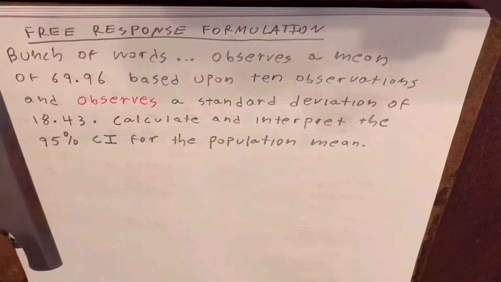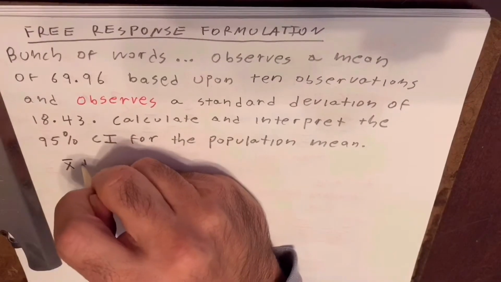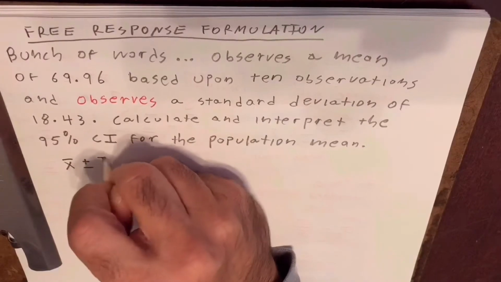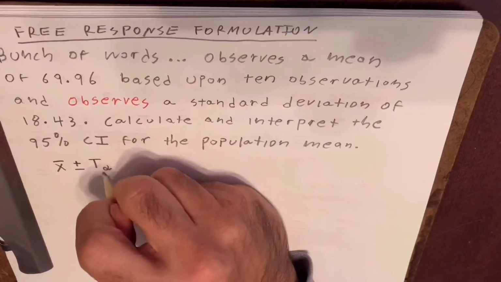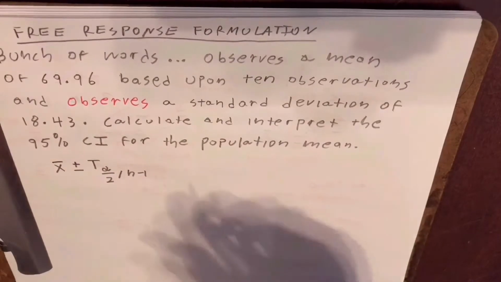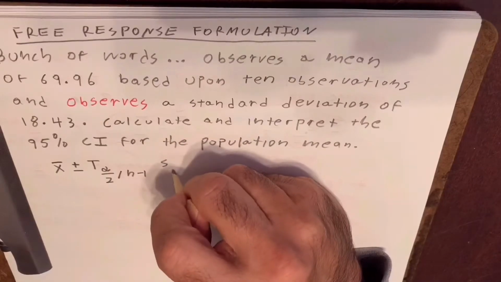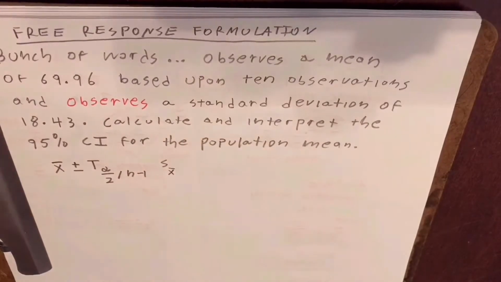And so the formula is going to be X bar plus or minus t sub alpha over 2 with n minus 1 degrees of freedom times lowercase s sub X bar, which is the estimated or observed standard error of the mean.